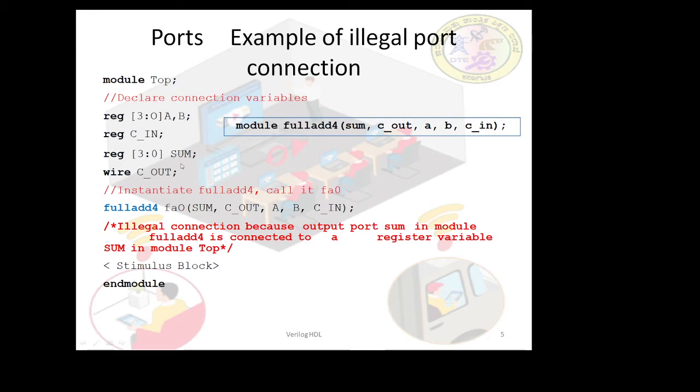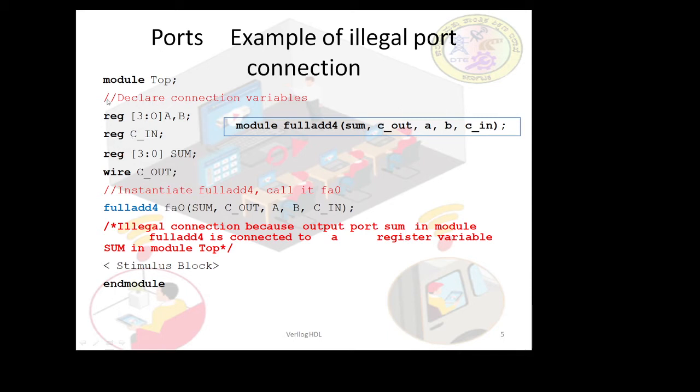And here we are trying to declare the ports. The input ports A, B, C underscore in are declared as registers, and A and B are declared as 4 bits of input pins, and C is a single input. So reg within the square brackets 3 down to 0, A comma B, terminated with a semicolon, because A and B are 4 bits of input and reg C is a single bit of information.